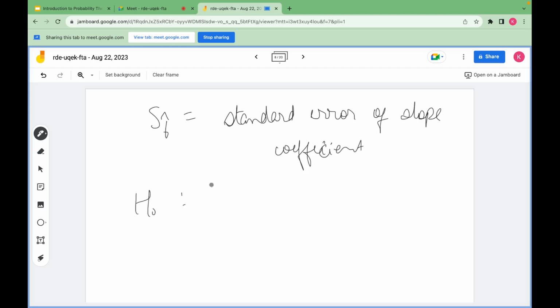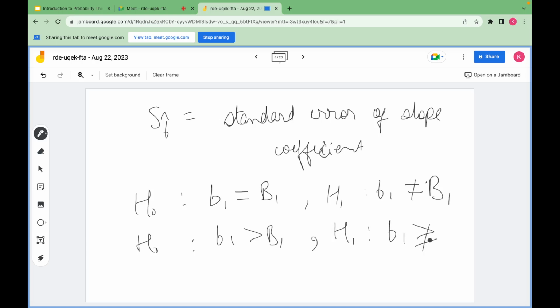So our H naught will be that B1 is equal to 0. The alternate hypothesis can be that this is not equal to capital B1. H naught can be that B1 is greater than capital B1, and H1 can be that B1 is not greater than capital B1, or it is less than capital B1.